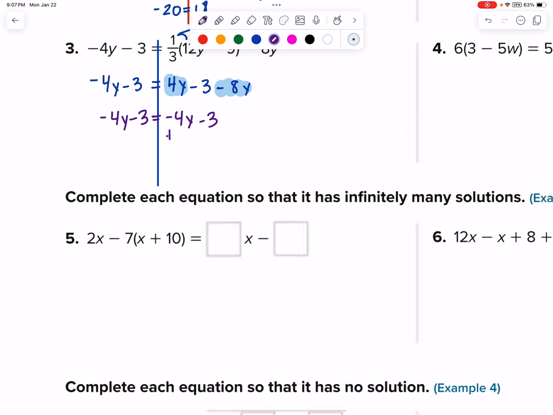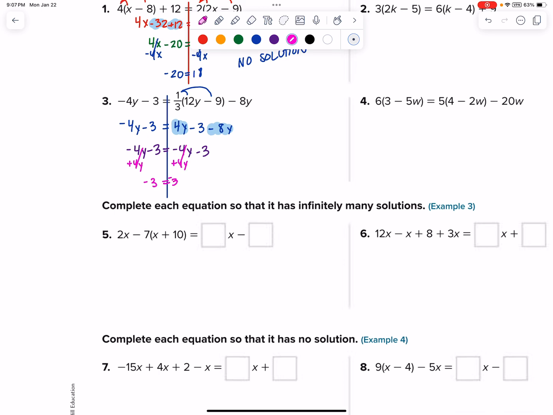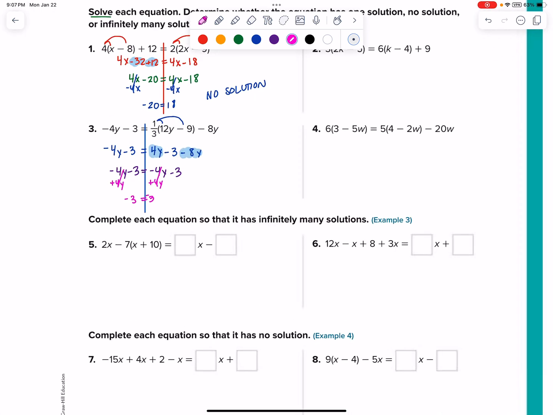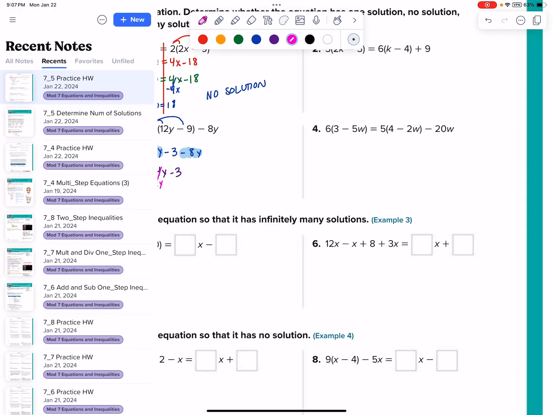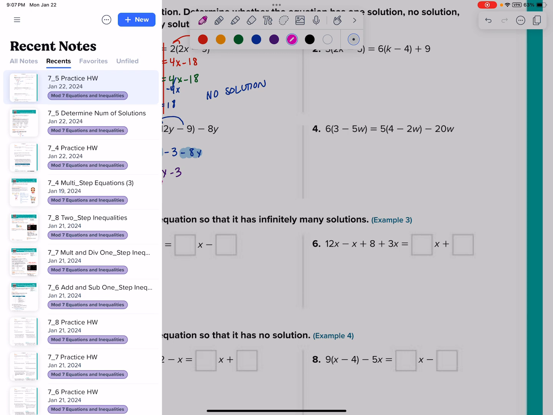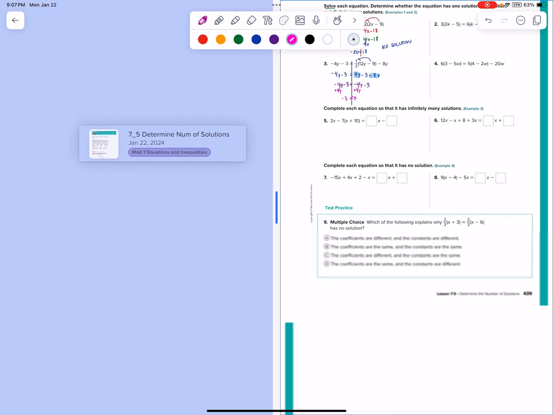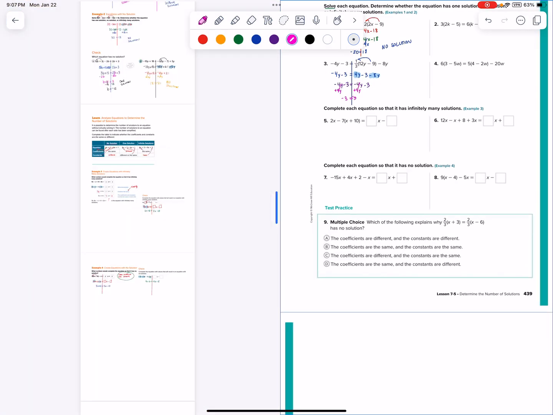And so we just have to remember what that means. Let me switch colors here. So plus 4y, and you're left with negative 3 equals negative 3. Okay, and what's that mean? Well, if you look back at your notes, go back to your 7-5 notes here, maybe have it on the side.